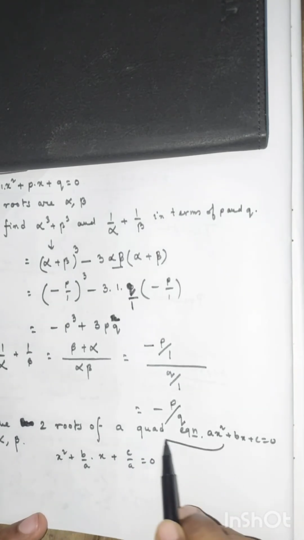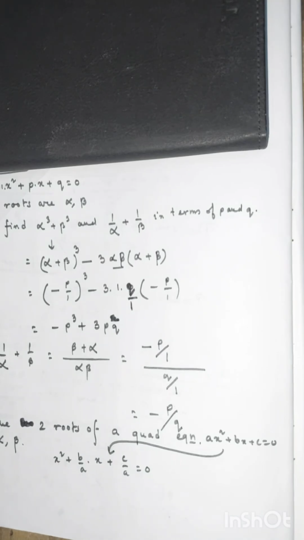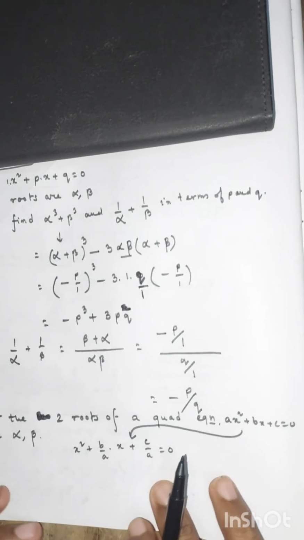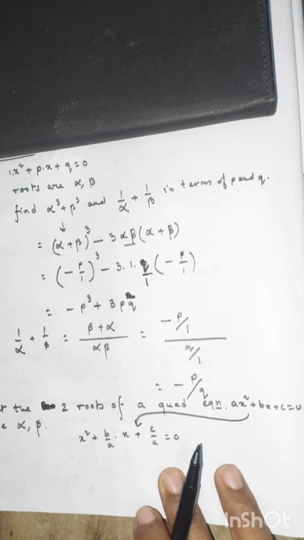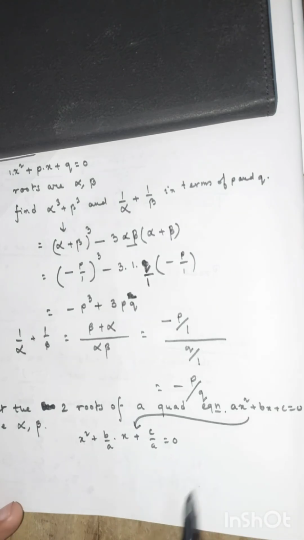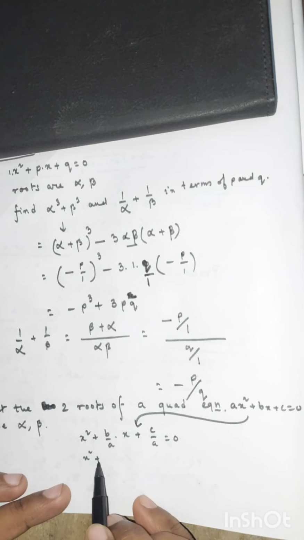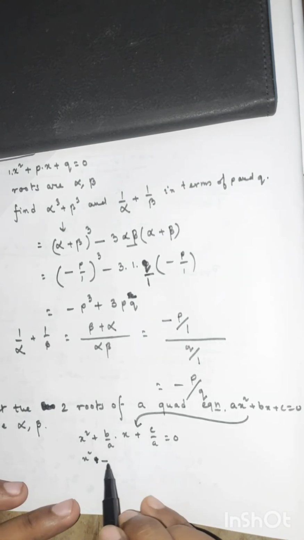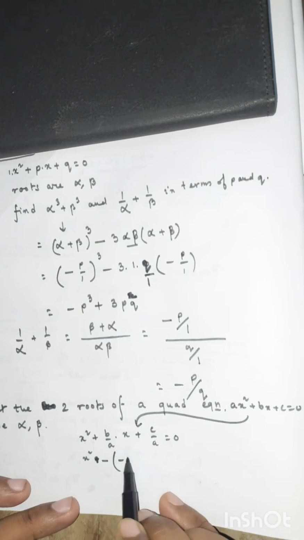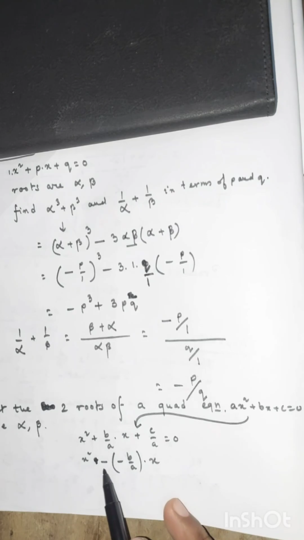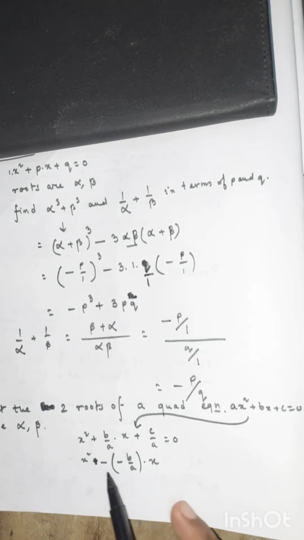From this equation we are getting this equation. Okay, we are simply dividing this equation by a. Now we can write it like this. Okay, minus minus plus, so we are changing it like this.